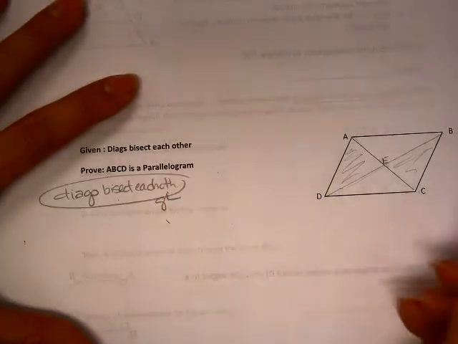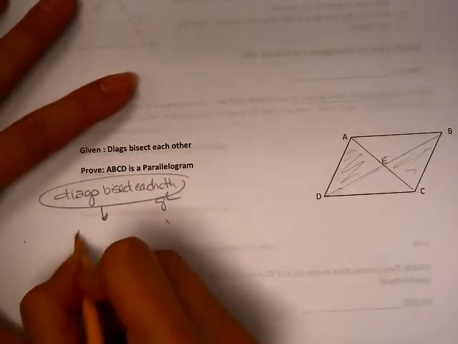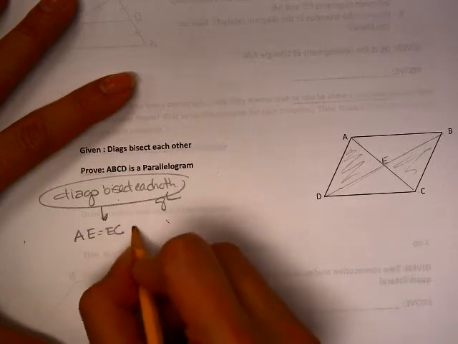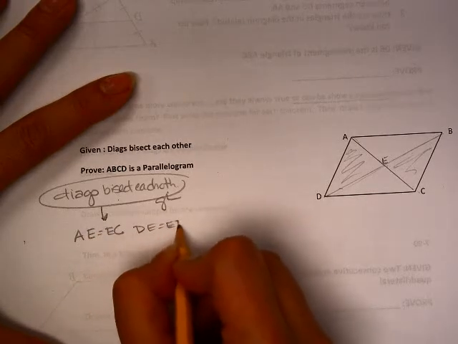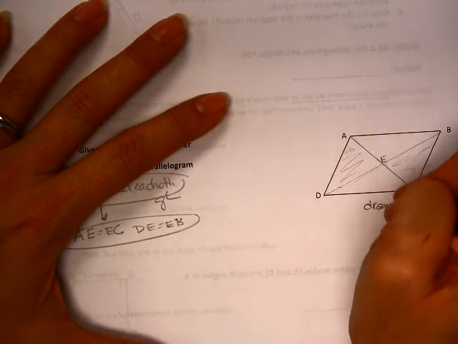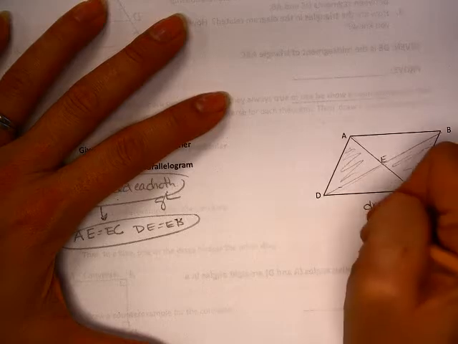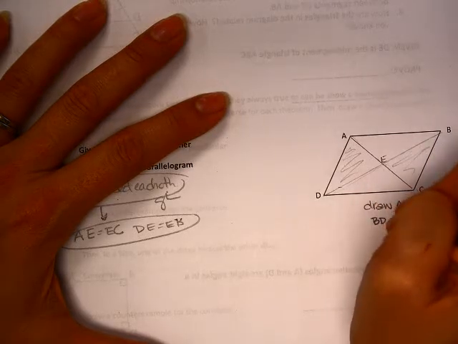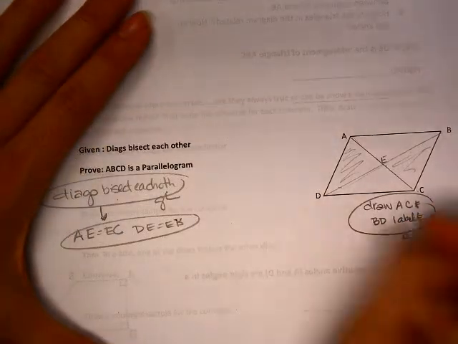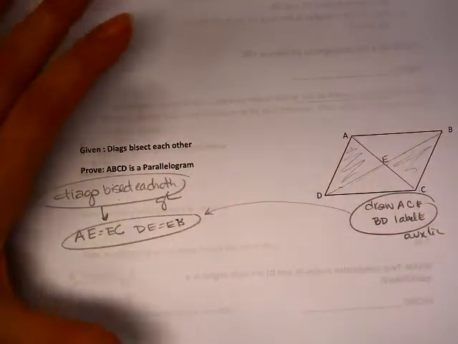So this is our given, which means that specifically AE equals EC and DE is equal to EB. Now, I have forgotten something. I need to say that I draw AC and BD and label E. And then that is where those guys come from.